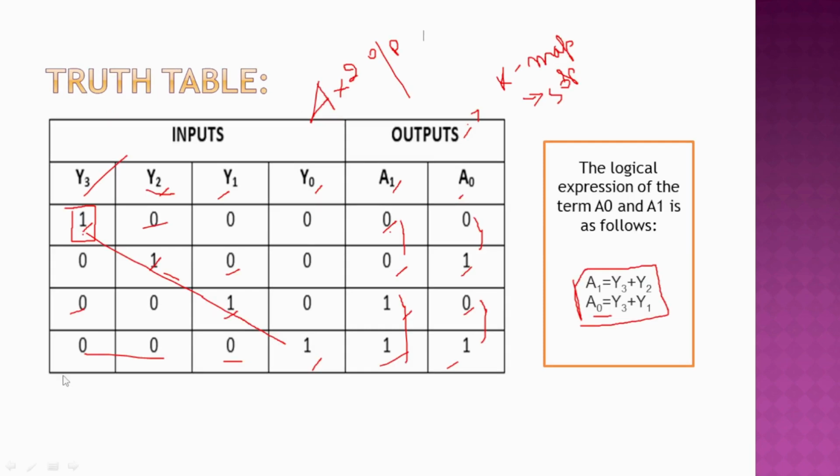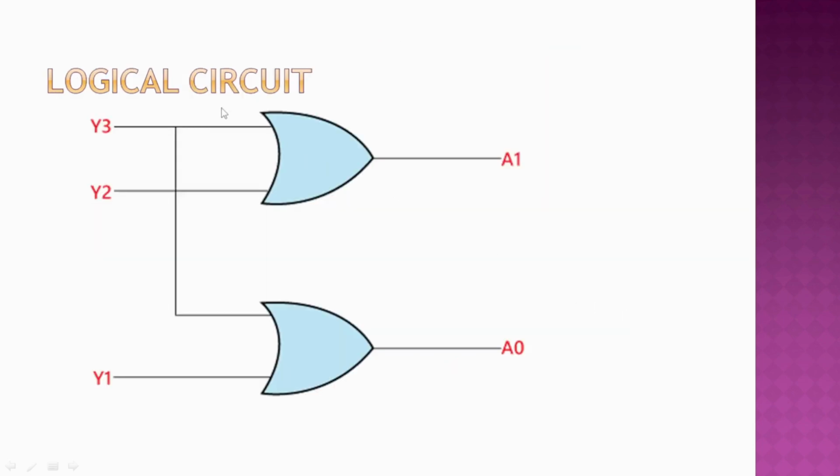Here y3 and y2 are combined with the OR operation to provide the output A1, and A0 is equal to y3 plus y1, again with an OR operation. One input is connected to y3 and one input is given from y1.